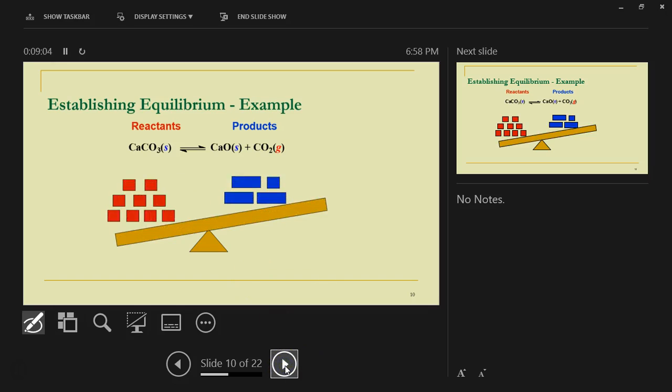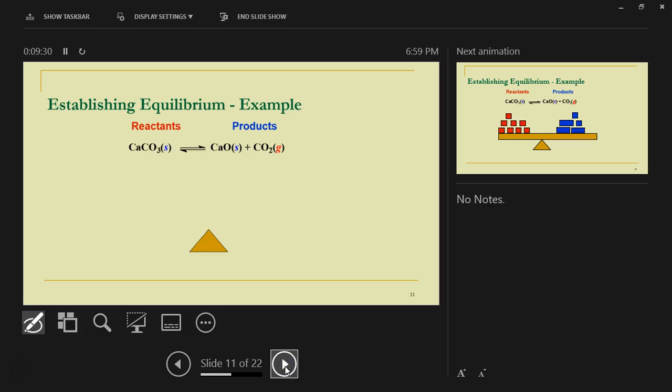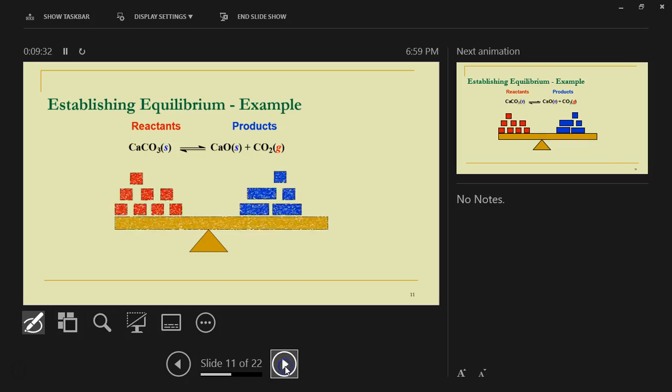It's not equal anymore as far as products being formed and reactants being decomposed. So what does this reaction have to do in order to regain its equilibrium? Reactants are going to have to yield more products. So you gave me more reactants, I'm going to make more products, and my reaction will be back in equilibrium.